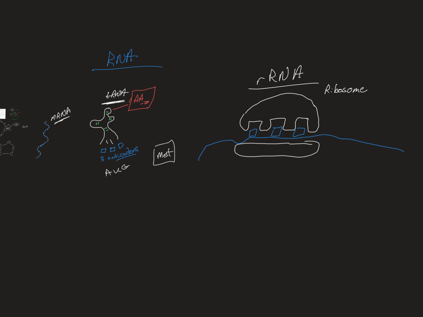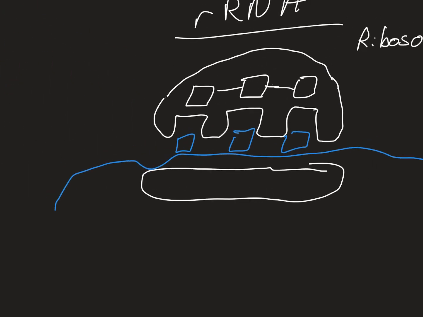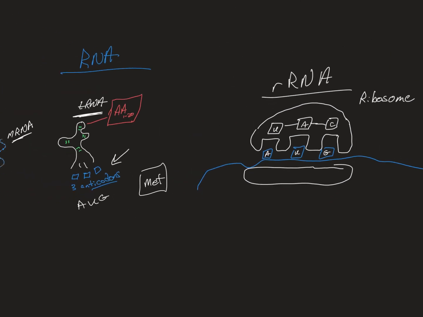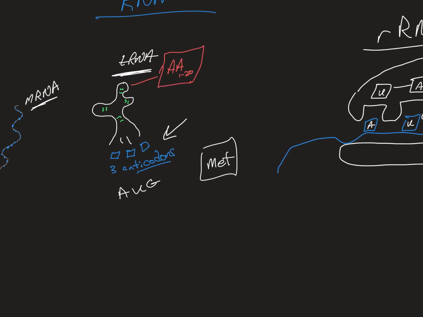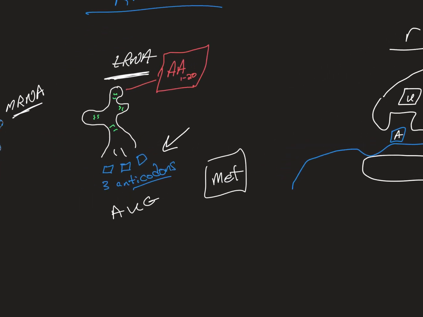And then on the other side, as the tRNA comes in, the tRNA is going to read the anticodon. So the tRNA has this triplet embedded here. We call it the anticodon. It's going to match. So if this is AUG, then the anticodon is going to be UAC.